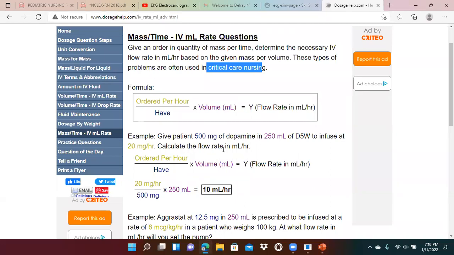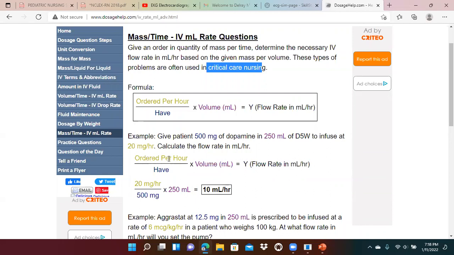Calculate the flow rate in ml per hour. So the flow rate formula is ordered per hour divided by the available amount, times volume per ml.